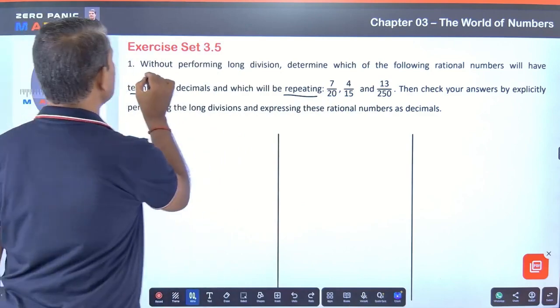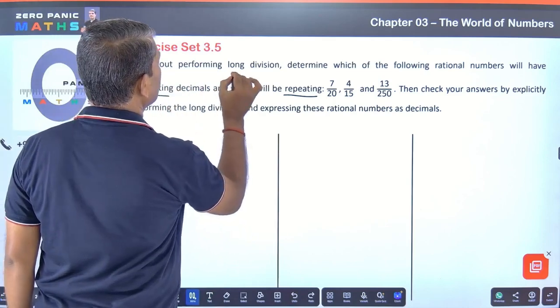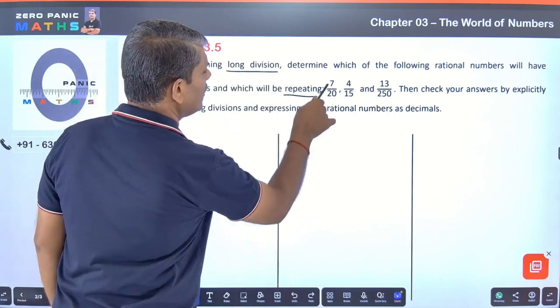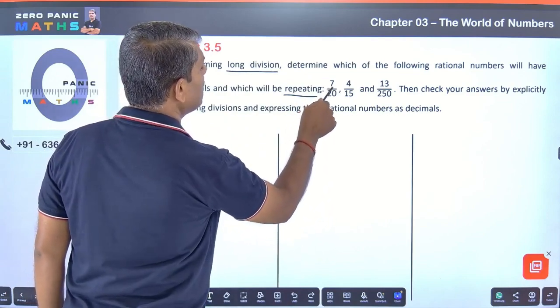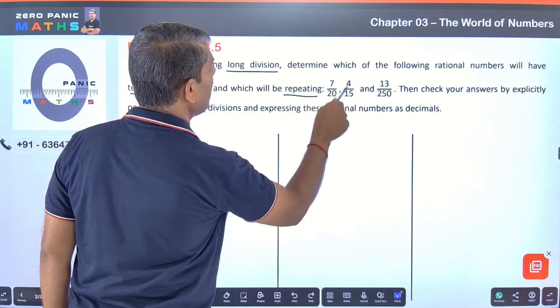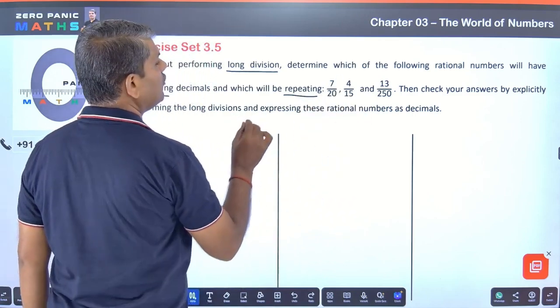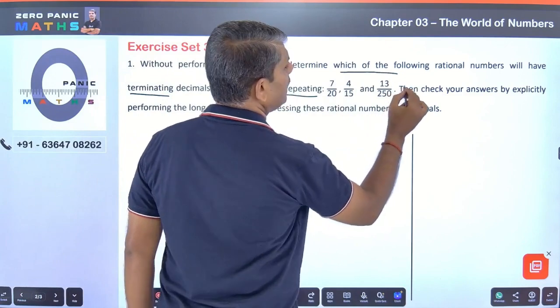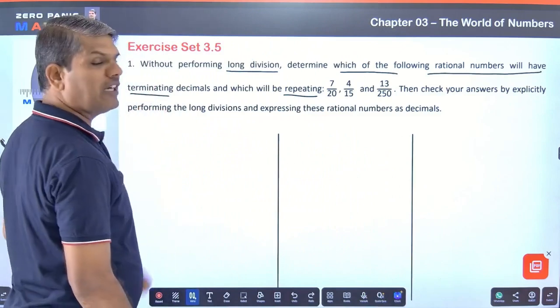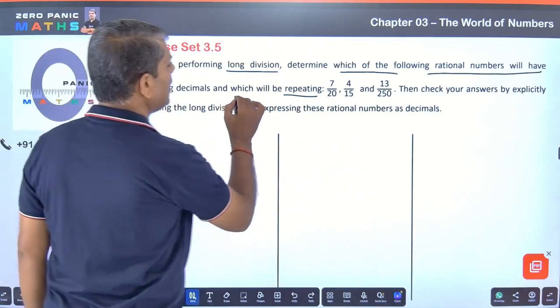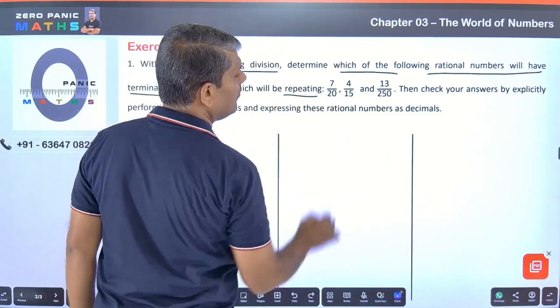Let us read the problem first. Without performing the long division, that means without dividing 7 by 20, 4 by 15 and so on, we have to determine which of the following rational numbers will have terminating decimals, and which will have repeating decimals.